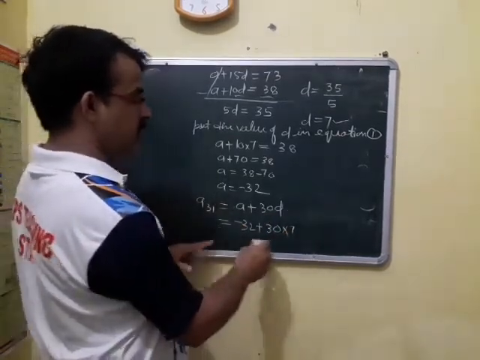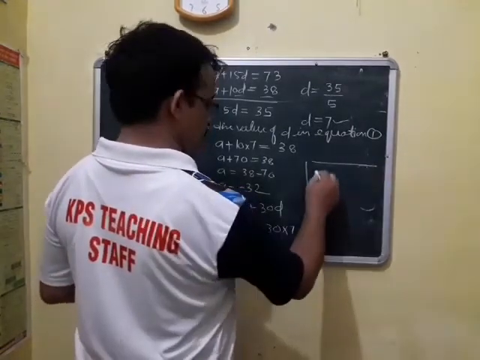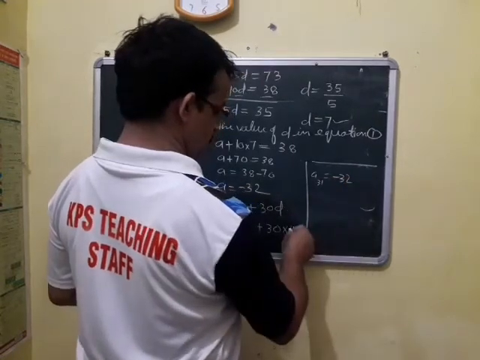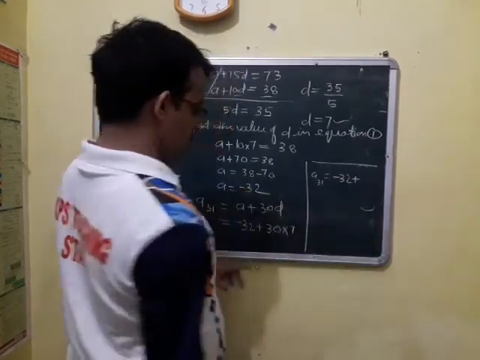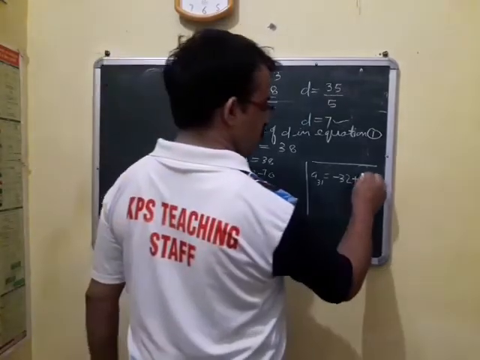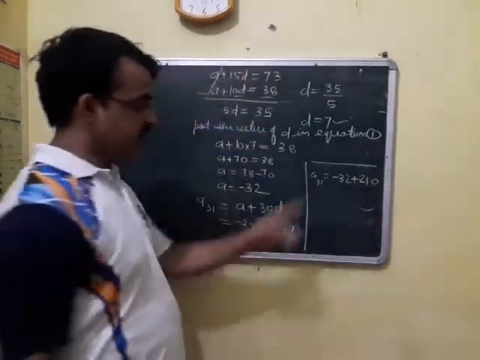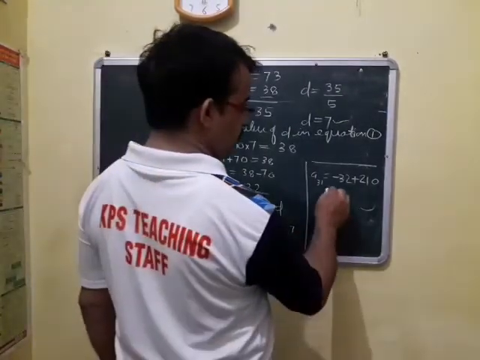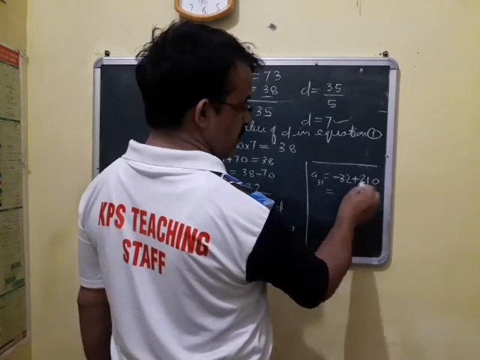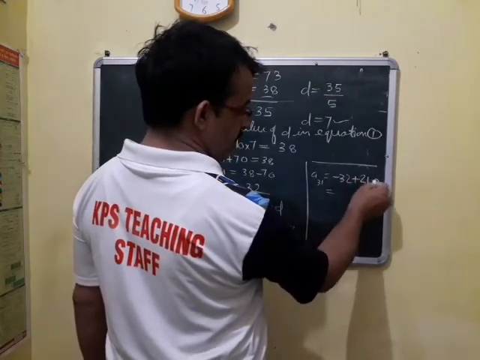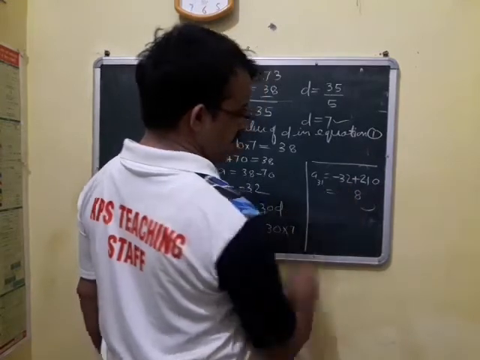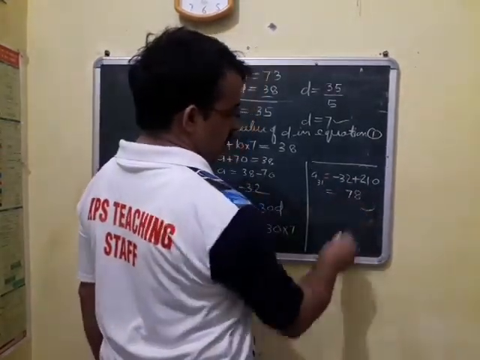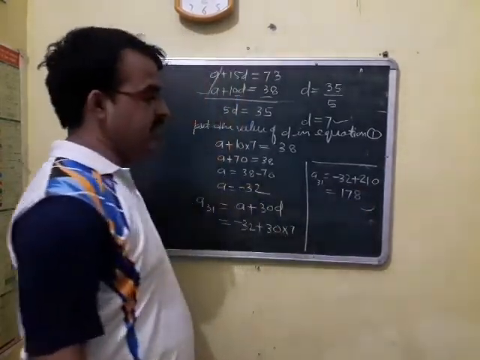So we get minus 32 plus 7 times 30, which is 210, and minus 32 minus 210... actually 210 minus 32 gives 178.